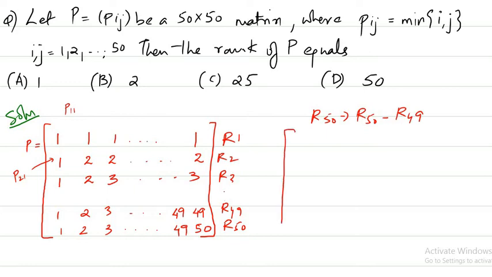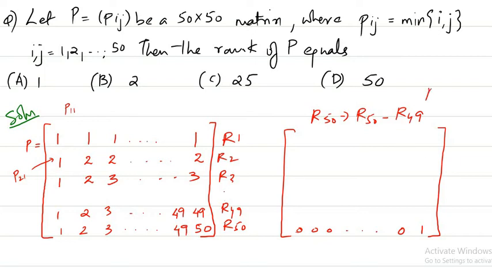Can you tell what the last row will be? It will be 1 minus 1 is 0, 2 minus 2 is 0, 3 minus 3 is 0, and so on up to the 49th entry, all completely 0, and here 50 minus 49 is 1.